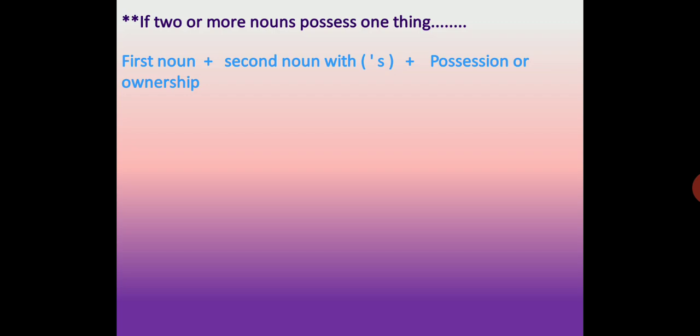Here society is in a singular form. So the singular form indicates both nouns belong to the possession of the same society, one thing.